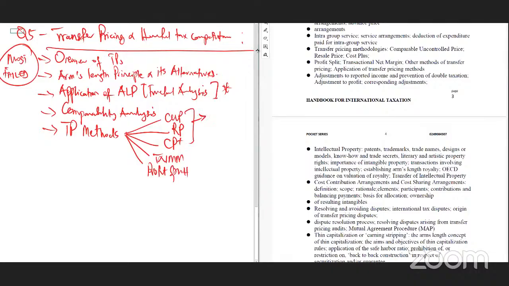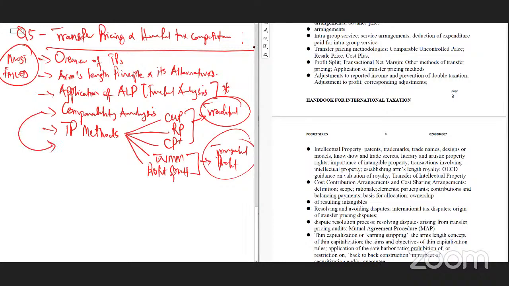Okay, these ones are traditional because they require a lot of comparability, or there must be some sort of reliable data. And these ones are what we call the transactional profit methods. Okay. So the 5 transfer pricing methods, you need to know them in and out, right? So transfer pricing methods come before comparability analysis, because you need to know this before you can do comparability. So you can swap them, right?